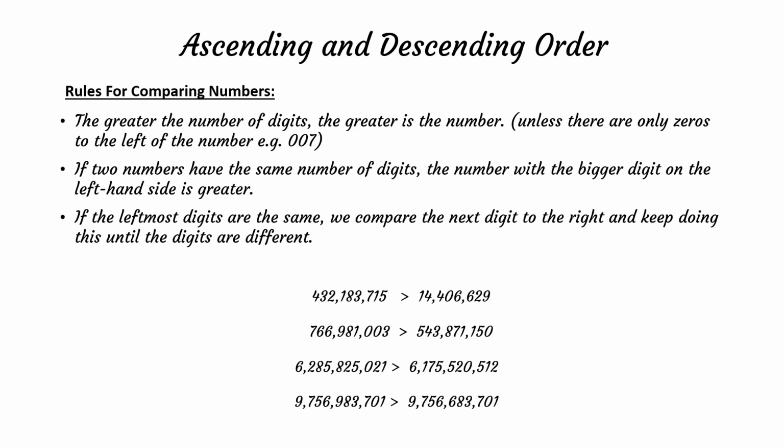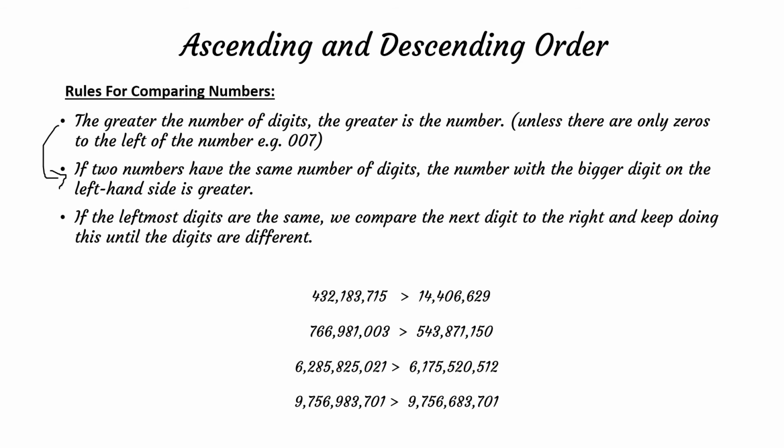But what if the digits are equal in both numbers? Then we come to the second rule, which is if two numbers have same number of digits, the number with the bigger digit on the left hand side is greater. Then we start comparing the numbers from the left side and we look at the first digit. The number with the greatest digit on the left hand side is greater.